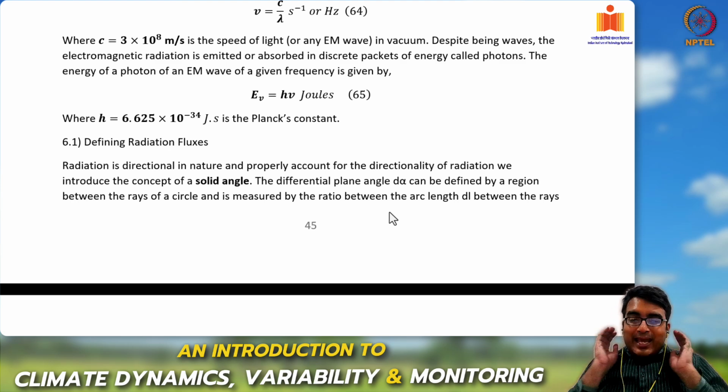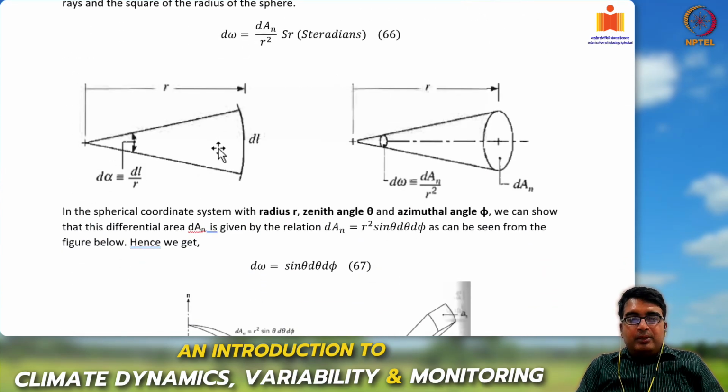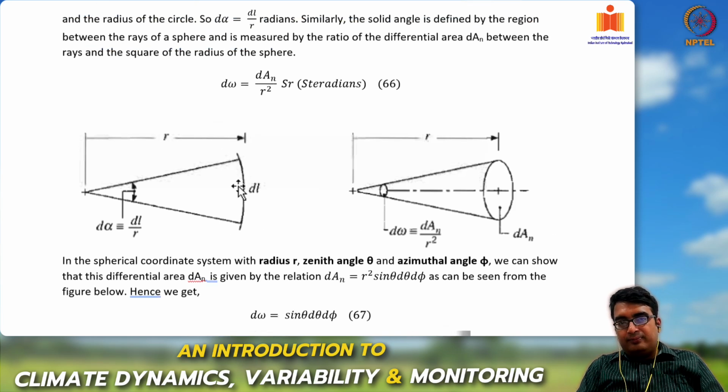To take care of this directionality in three dimensions, we introduce the concept of a solid angle. A solid angle is the three-dimensional analog of the plane angle in 2D. For example, suppose you take a circle, then the plane angle is defined as the angle between two chords connecting the center of the circle with the circumference of this circle.